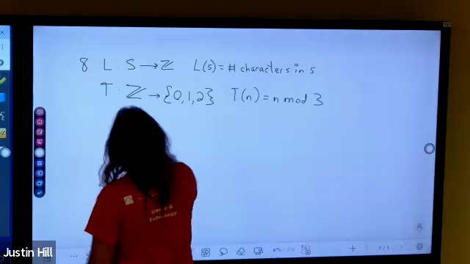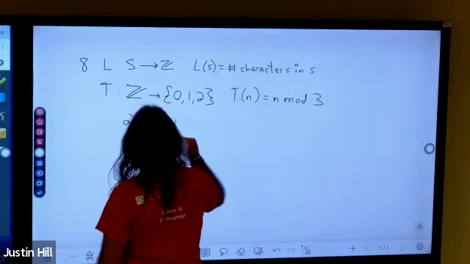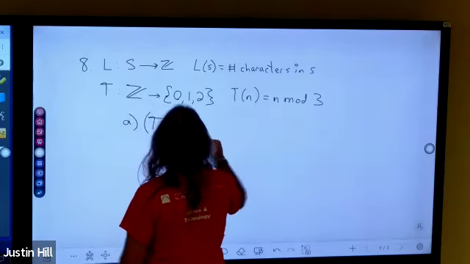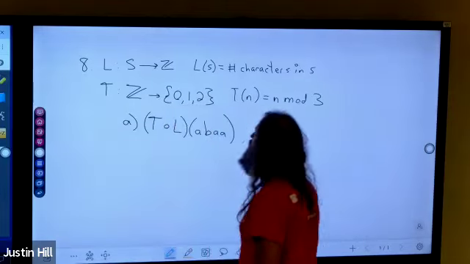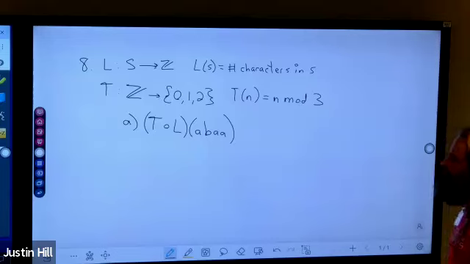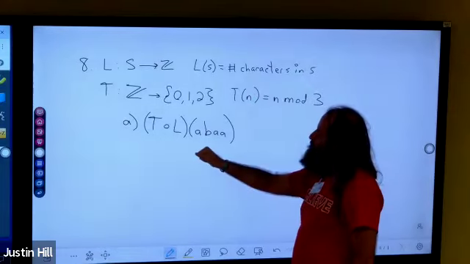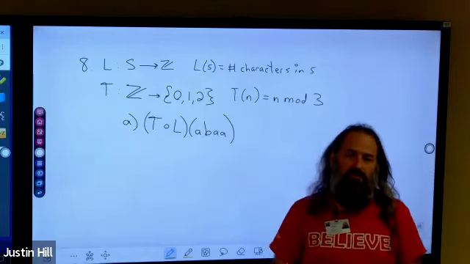Okay, easy enough. We want T compose L of the string ABAA. And again, these functions are funky. This looks funky to write all this in there, but it's the same exact thing you just did.